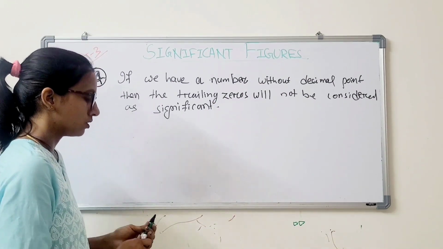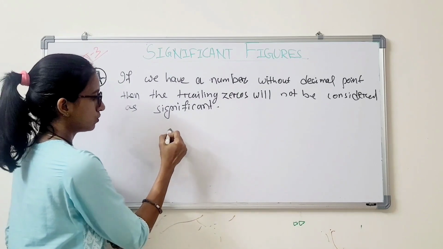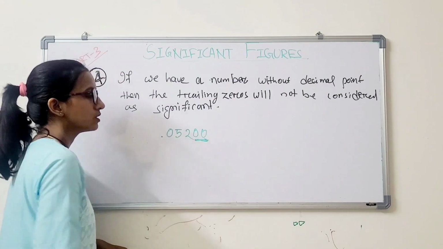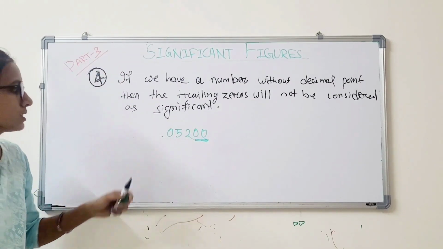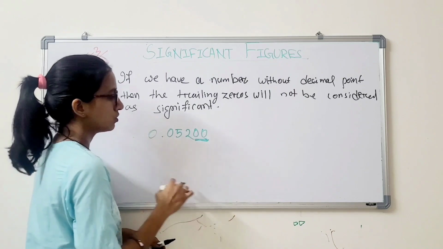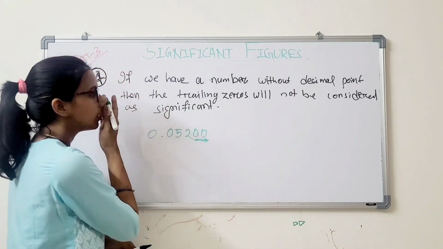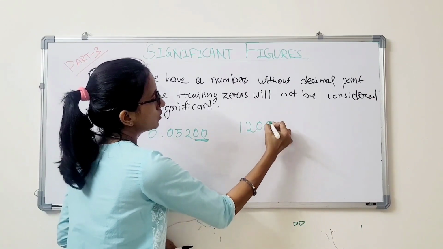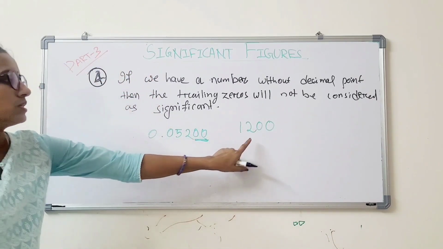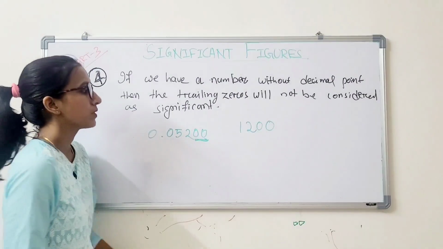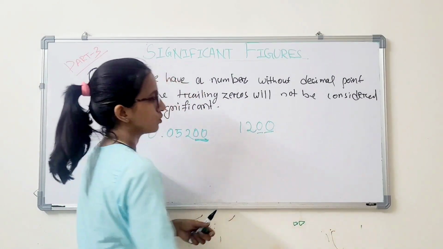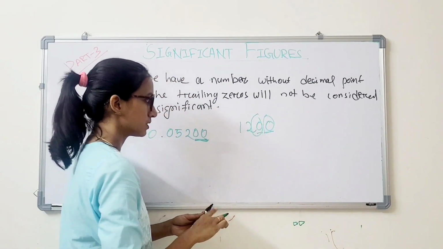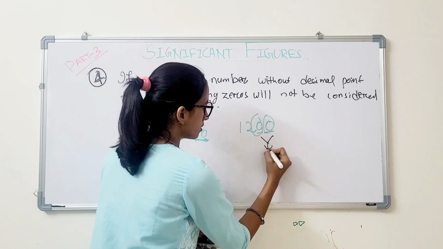In the previous rule, we saw that if there are trailing zeros after the decimal point, then those are considered as significant. But this rule says that if you have a number without any decimal point, suppose you have 1200. This number doesn't have any decimal point and it has two trailing zeros. Then in this case, these two zeros will be considered as non-significant.